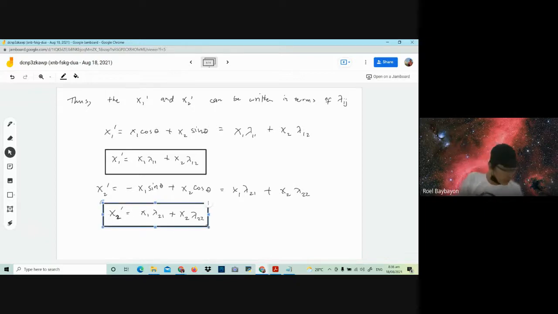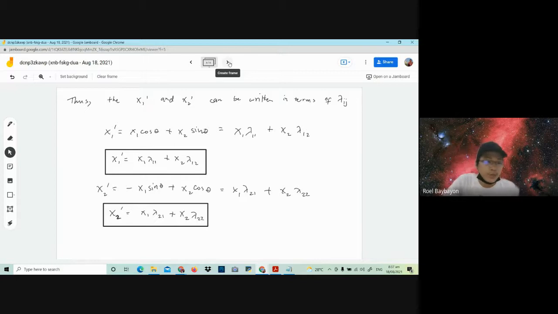It's because, as you notice here, I can write it in terms of summation. There's a pattern, right? I have 1,1, 1,2, 2,1, and 2,2. Later, you will see that you can write this one, instead of writing it out at length, in a summation notation. Okay?